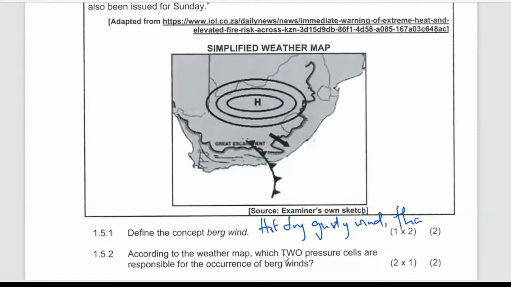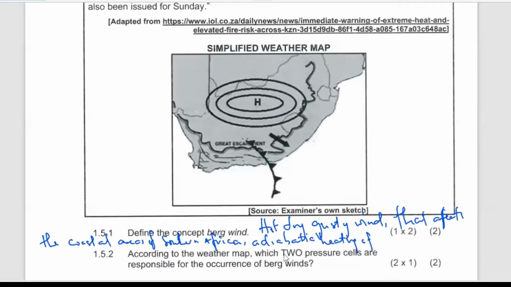It affects the coastal areas of Southern Africa. And how does it result? It results from adiabatic heating of air descending from the plateau.